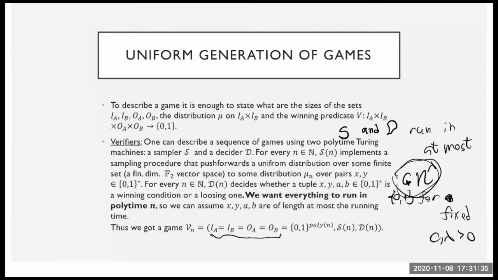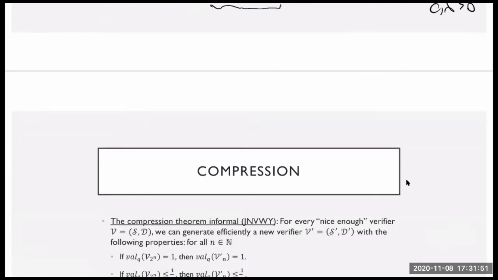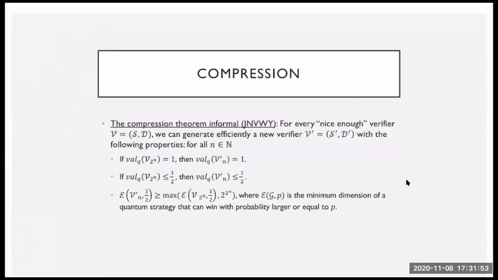Okay, great. It was quite important that the only thing I let the decider, the sampler, do is flip coins, okay? That we push forward some uniform measure over some F2 vector space. So what does the compression theorem state?